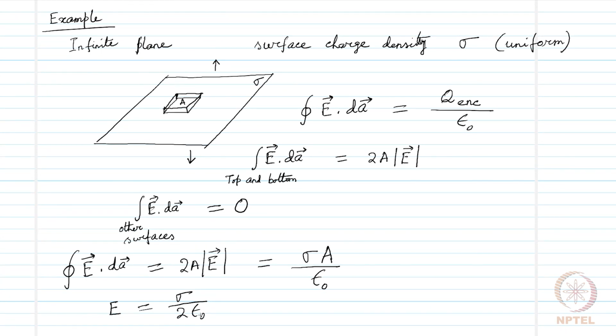We need to find out the direction of the electric field. That direction would be perpendicular to the plane carrying the surface charge density, that is n cap. Above the surface it is above, and below the surface it is below if sigma is positive. If sigma is negative, then that negative sign already tells you the direction of the electric field.